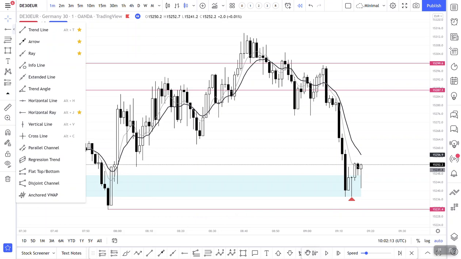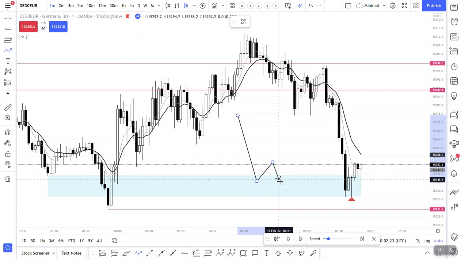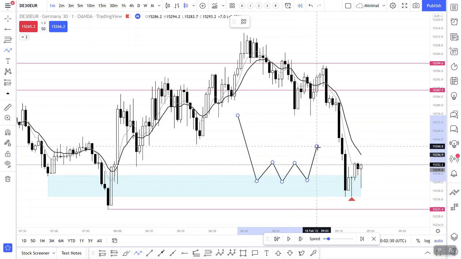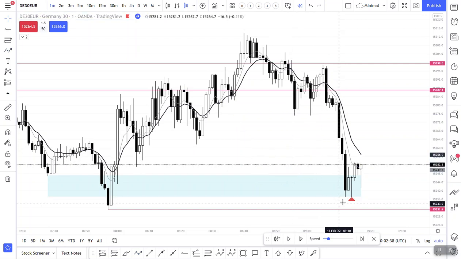Sometimes the market goes like this, and then a small pullback, and then it comes back, retests the previous levels, and then it either goes into a trading range or it breaks out. That's on the micro level that would have happened, the fractal nature of the market. So we call this a micro double bottom.